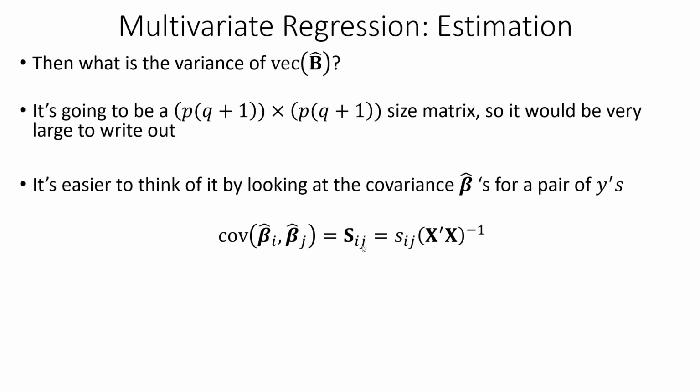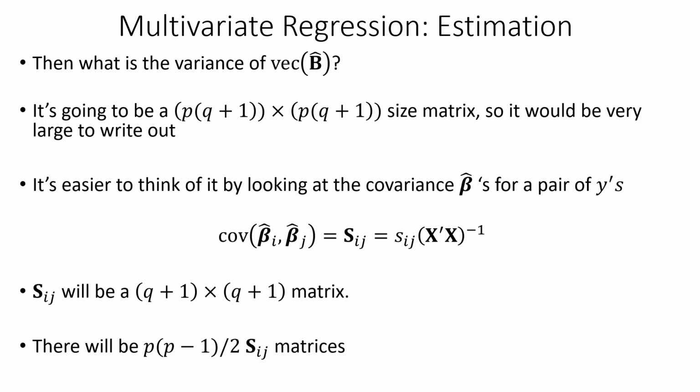If you get through the math, what ends up happening is we'll have this X transpose X inverse matrix, which, if you remember, is an important part of the variance of the slopes in a univariate case. In the univariate case we multiply it by our estimate of the variance, and in this case we're going to multiply by the estimate of the covariance between yi and yj, the two variables whose slopes we're looking at.